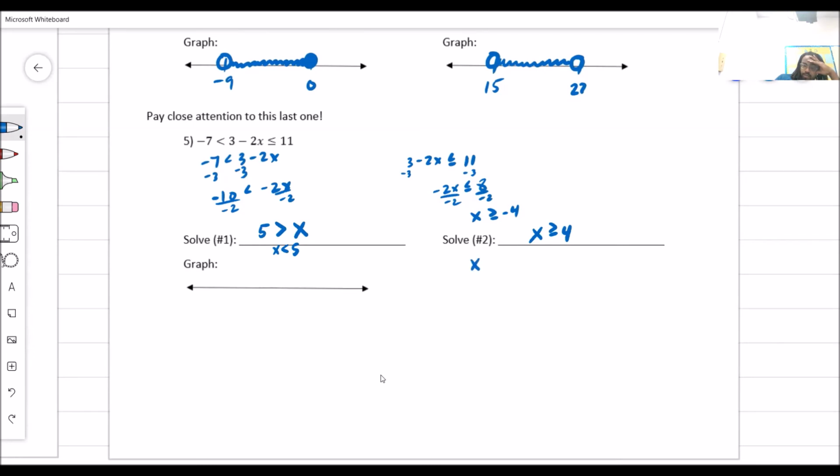It is greater than or equal to negative 4, and less than 5. Two numbers, negative 4 and 5. Greater than or equal to negative 4 means a closed circle. Less than 5 means an open circle. Everything in between here.